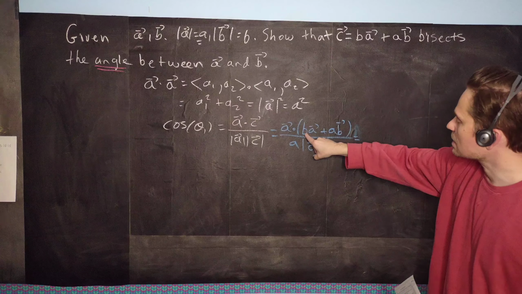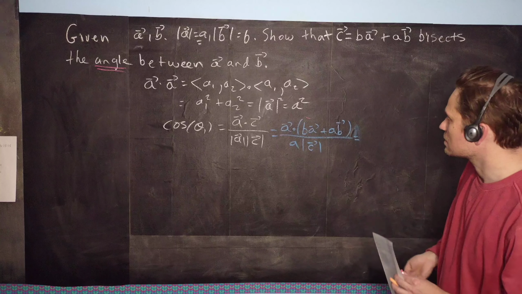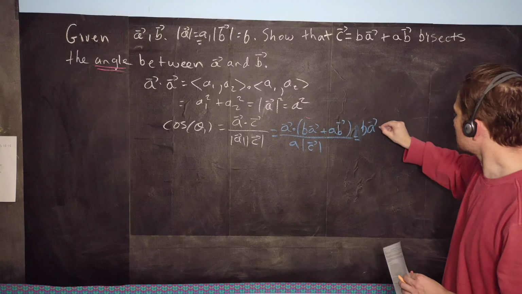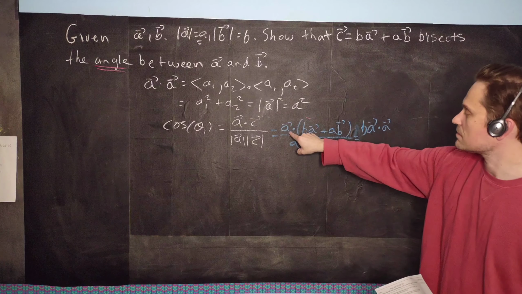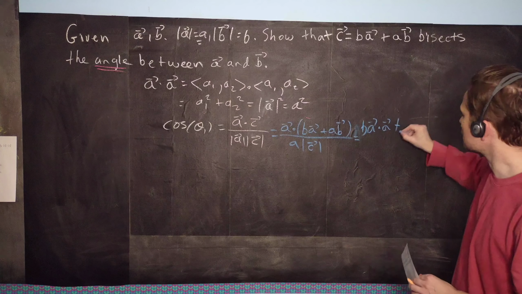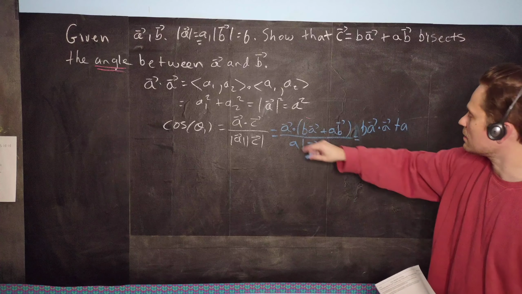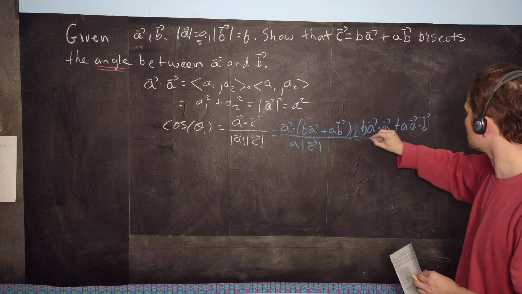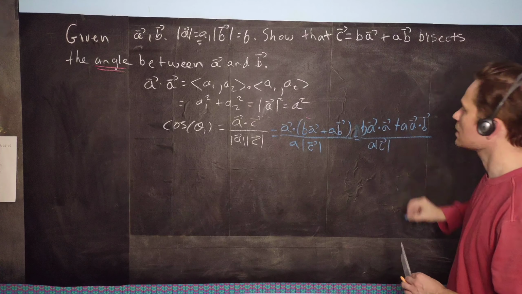Take this constant b right here and pull it out. So you're going to have b, and then a dotted with a. And then you're going to distribute this vector a over to here. So in that case, you're going to have this constant a right here, which is the magnitude of a, and then a dotted with b. And this is still over a and then c this way.